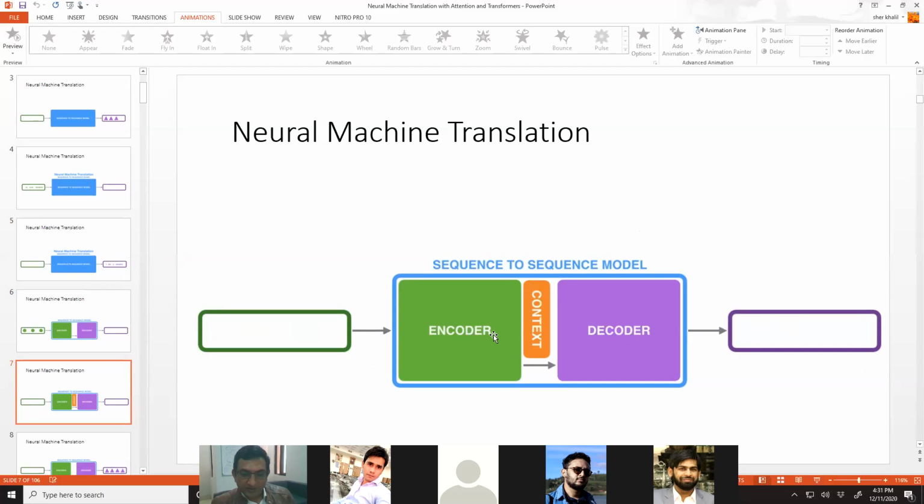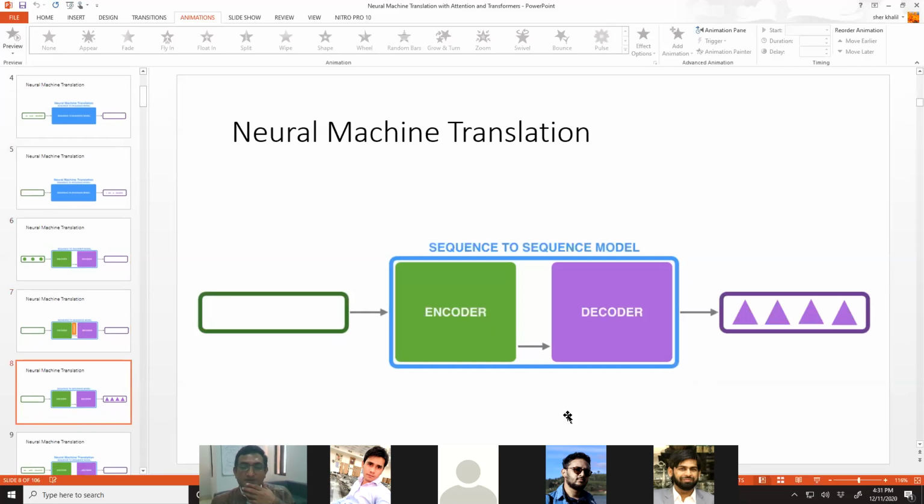Now remember how they actually work. The encoder takes a sequence and converts it into a context vector. We need to understand that a sequence is just a vector, right? So what the encoder does is convert that vector into a context vector. The decoder will take that context vector and translate it into the destination sequence. So what is a context vector? How it is calculated depends on what problem you are going to solve, right?